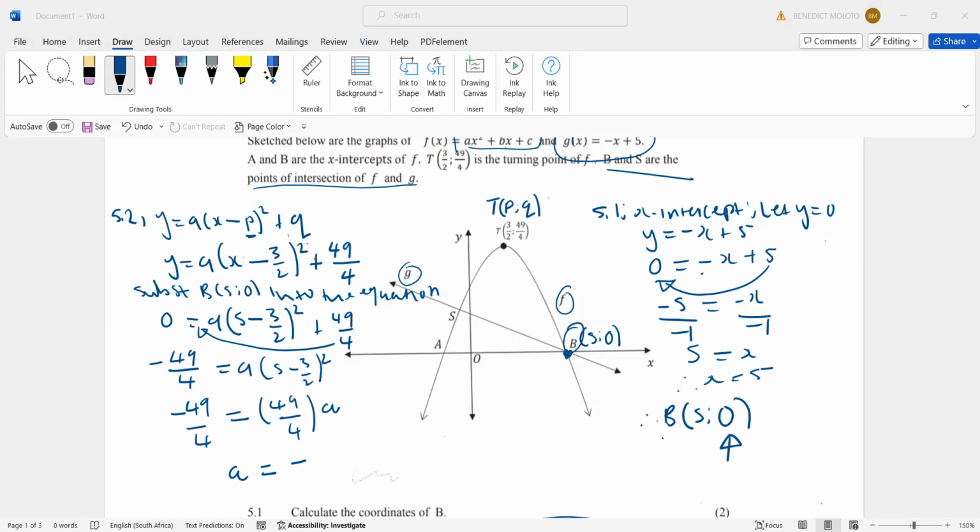So 1. Negative 1. Then we get negative 1 there. Then this is our a.